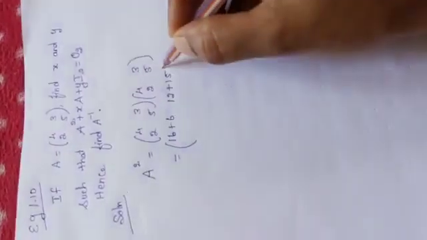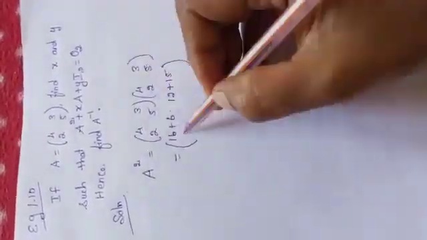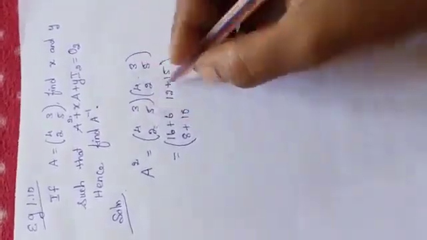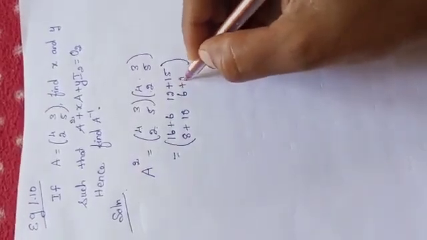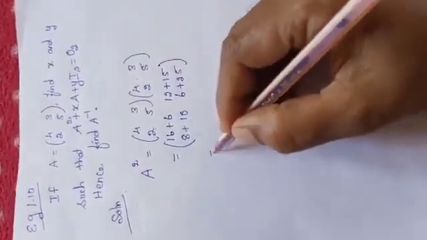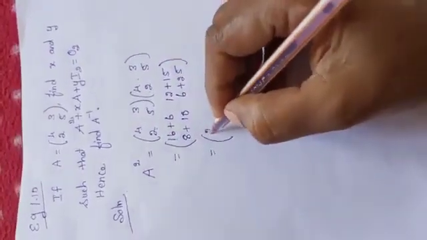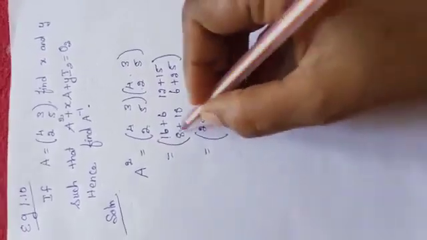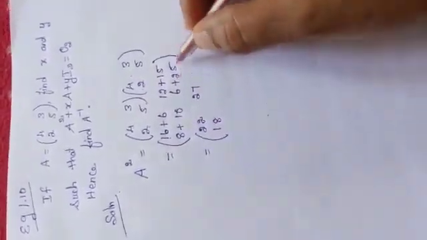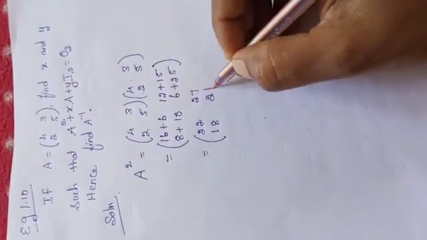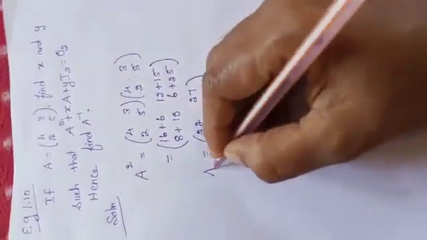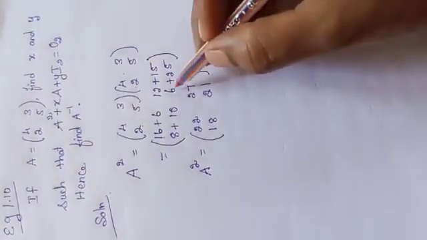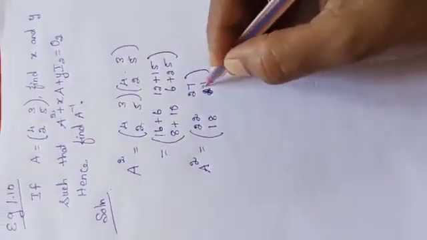Now first row completed, second row: 2 into 4, 8 plus 5 into 2, 10. 2 into 3, 6 plus 5 into 5, 25. Add these values: 16 plus 6, 22. 12 plus 15, 27. 8 plus 10, 18. 6 plus 25, that is 31. So we have got A square.